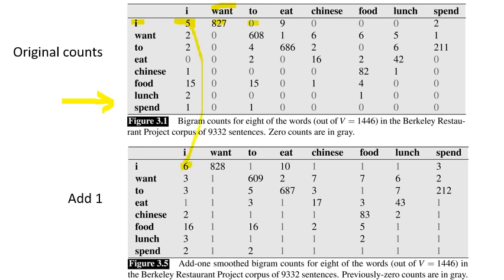I followed by 2, previously it was 0, now it becomes 1. Every number that you see in the original counts, you just add 1 to it. So anything that was 0 previously now becomes 1. Is this the best way to do smoothing? Well, maybe not, but this is an idea to introduce you to smoothing.